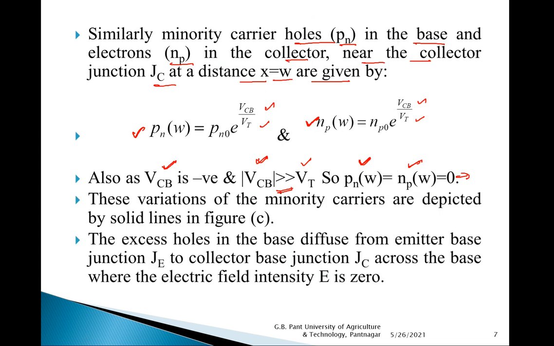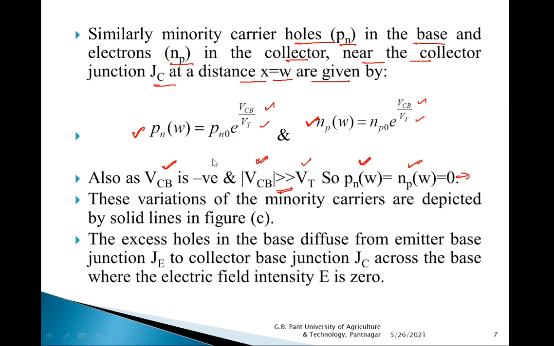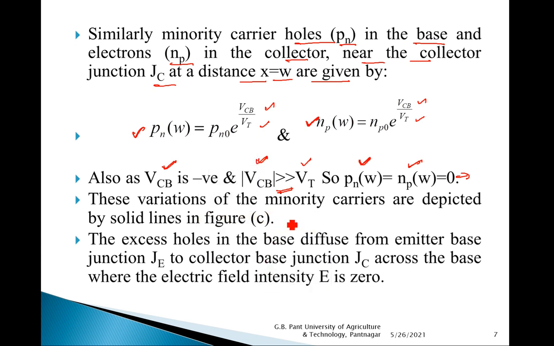So the excess holes, what happens? The excess holes from the base diffuse from the emitter base junction JE to the collector base junction JC across the base, where the electric field intensity E is 0.